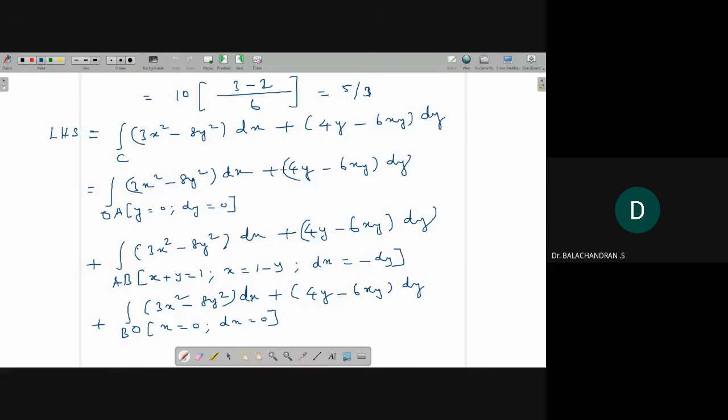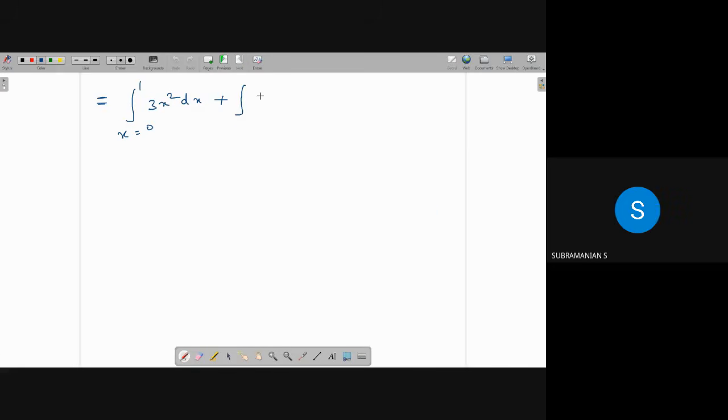Next integral. So second integral here, nothing is 0. So you should convert everything in terms of y, either x or y. Here it is better to write in terms of y. So 3 into what? 1 minus y the whole square, that is x square is 1 minus y whole square, minus 8y square into dx, dx is what?